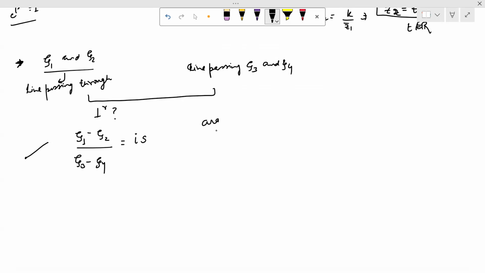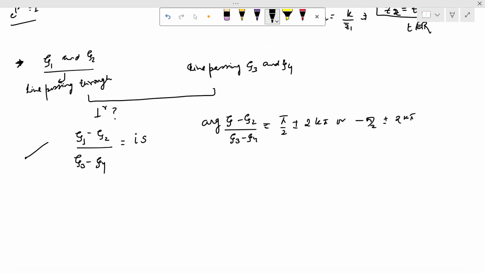In other words, argument wise, if these are perpendicular to each other, then this is equal to pi by 2 plus or minus 2k pi, or minus pi by 2 plus or minus 2k pi.